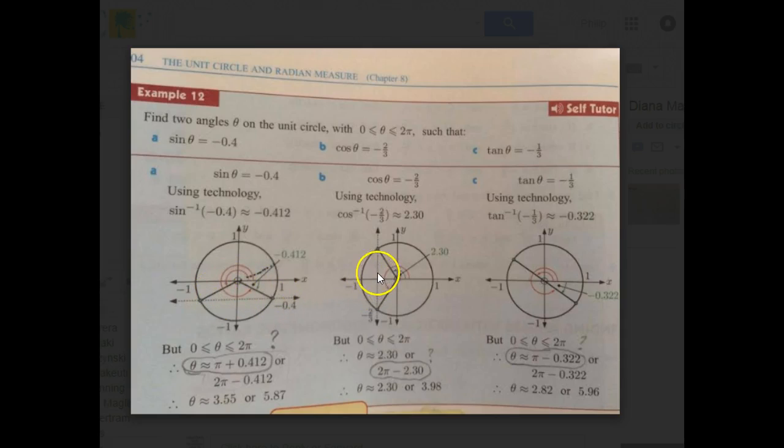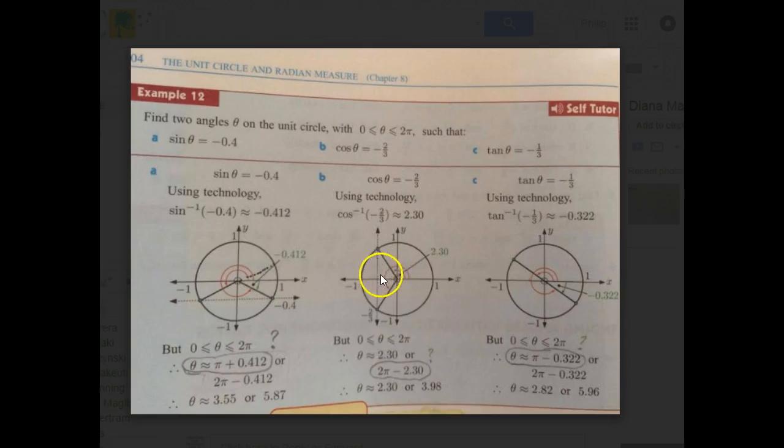For this one, you see that it's reflected about the x-axis, so the cosine value is the same, and the cosine value is negative in this case. You can see that for the coordinate of this and the coordinate of this, the x-coordinate is the same, and if the x-coordinate is the same, that means that the cosine of both is also the same. How can you tell that this is a negative cosine?